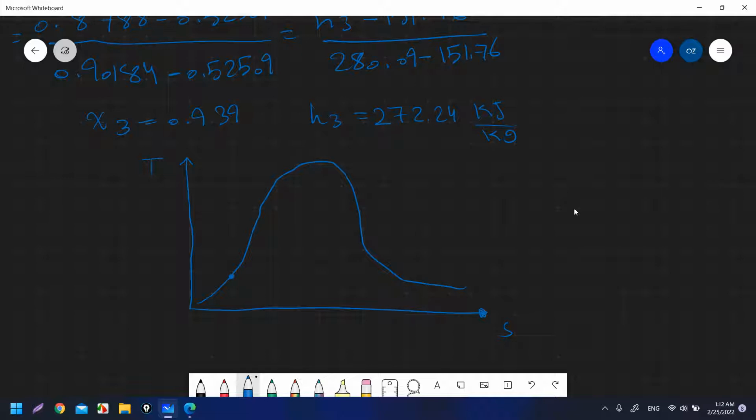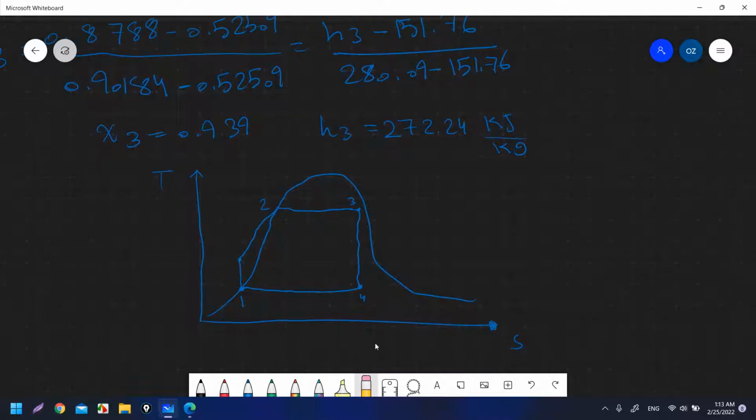We don't have subcooling, H1 equals HF, and we go up to state 2, like this, and then we go to the right, and we will not go until we reach the saturated vapor, because X3 is equal to 0.939, so it is something here. And we will go down in the isentropic expansion process until we reach the condenser. Then we go again in a closed cycle to state 1. So we have here 1, 2, 3, and 4.